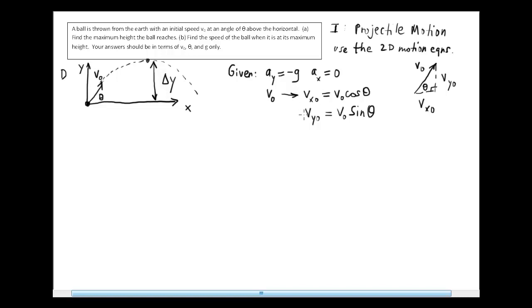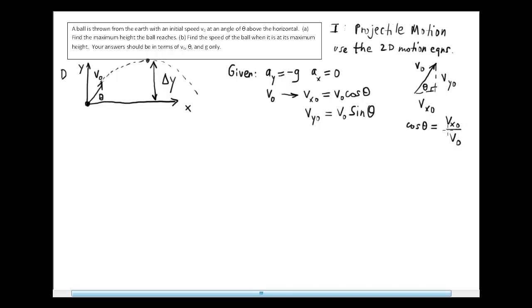Now, if these equations don't come naturally to you when you look at that sketch, just remember your trig functions, right? The cosine of theta is the adjacent side over the hypotenuse. So it's vx0 over the hypotenuse, which is v0.